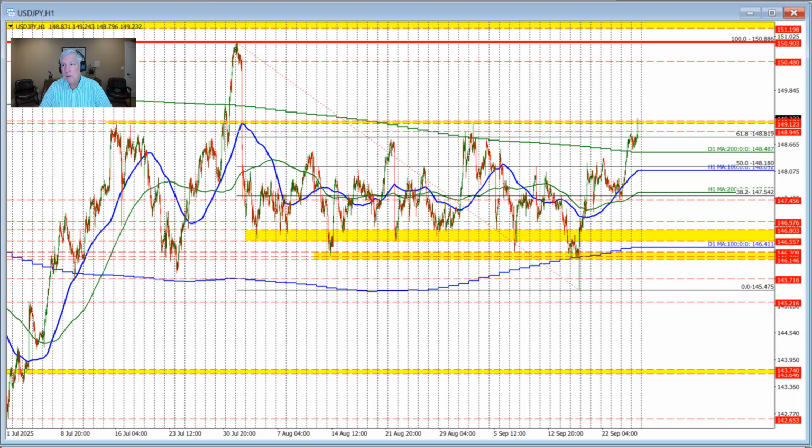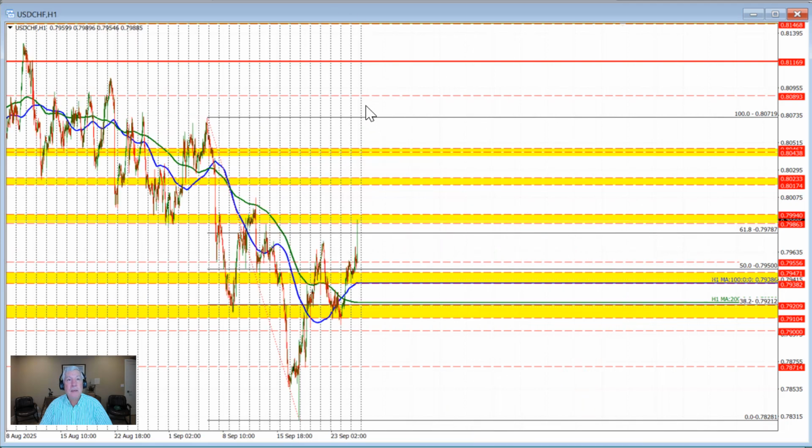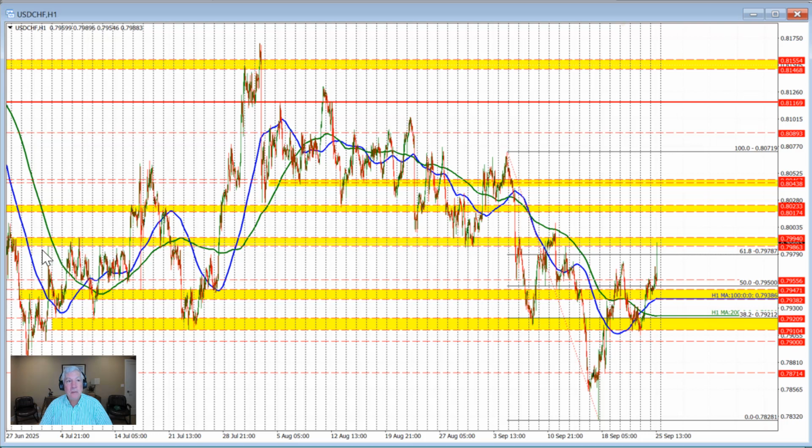Taking a look at the dollar versus Swiss franc, they kept rates unchanged today. Talked about slower growth. We are seeing a rotation to the upside here in the dollar versus Swiss, lower Swiss, the higher dollar. And in the process, we're moving toward this swing area. I'm going to zoom back a little bit here to show you the importance of this area going back in time. A swing high right here, a swing high right here. Form this ceiling through here.